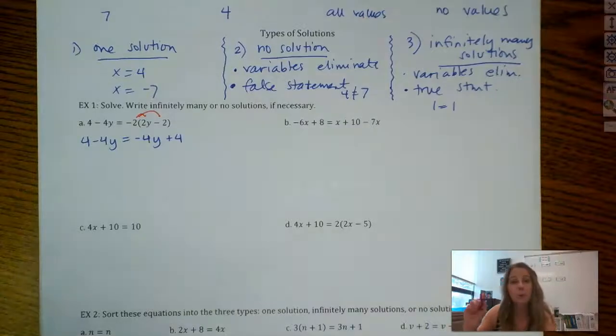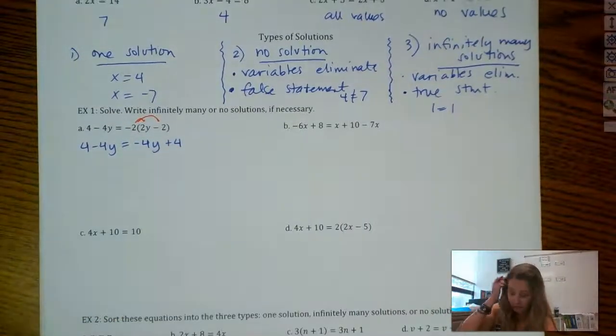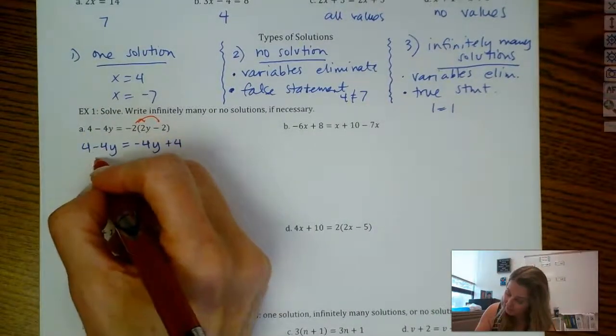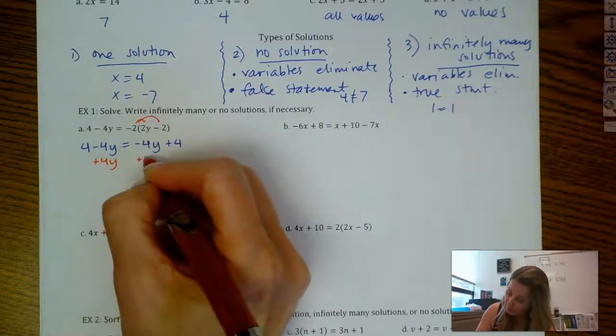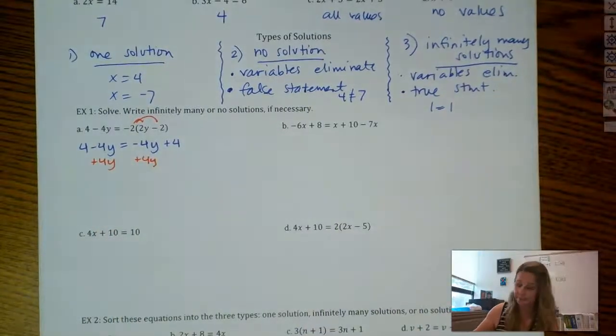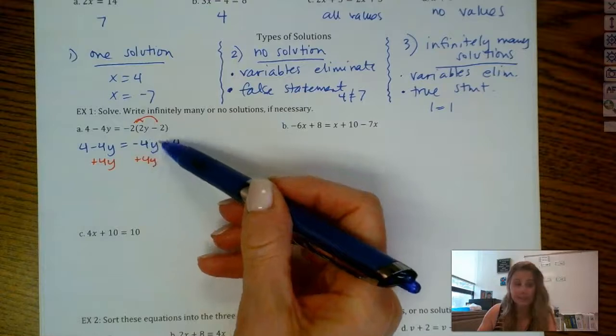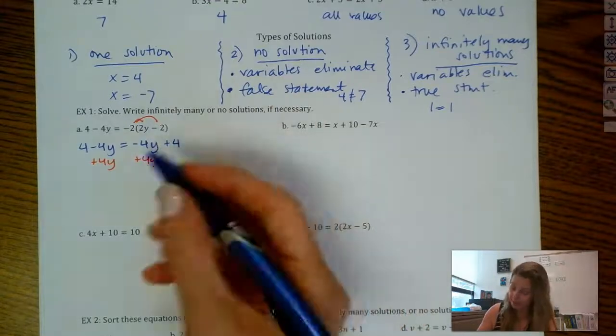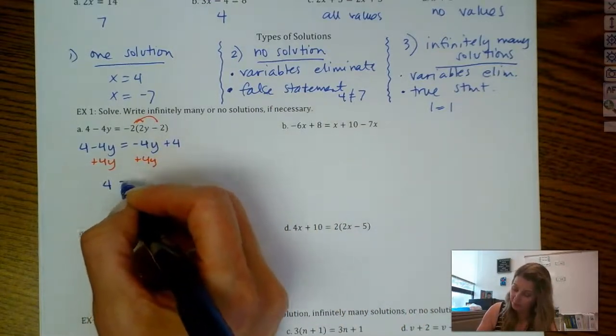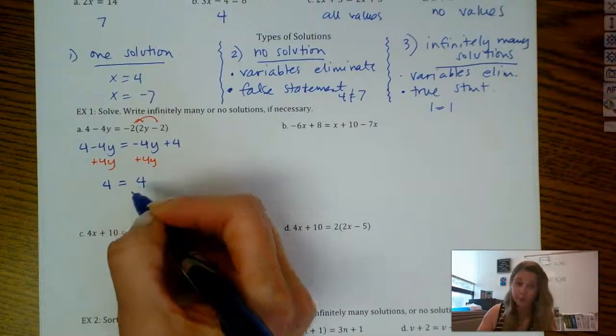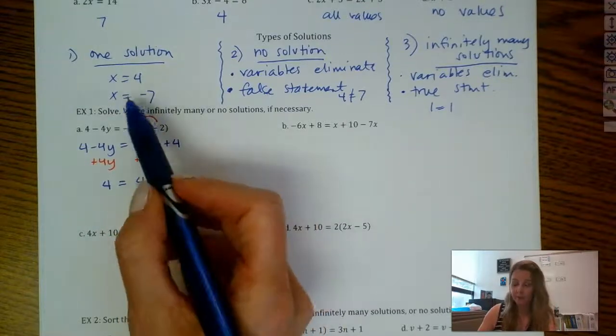I'm going to work with variables first here, so let's add 4y to both sides. This adds up to 0, and so does this. My variables are eliminating here, and I am left with 4 on the left-hand side and 4 on the right.